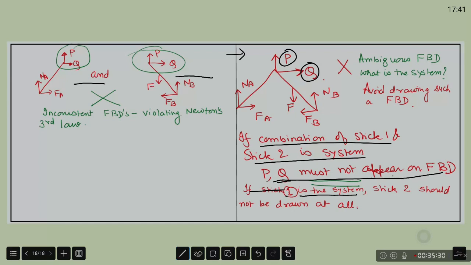As I said earlier, first, internal forces are unnecessarily appearing, and then whatever forces you are drawing, it is not even clear whether it is acting on stick 1 or stick 2. So very avoidable. We must avoid this. Keep these points in mind.